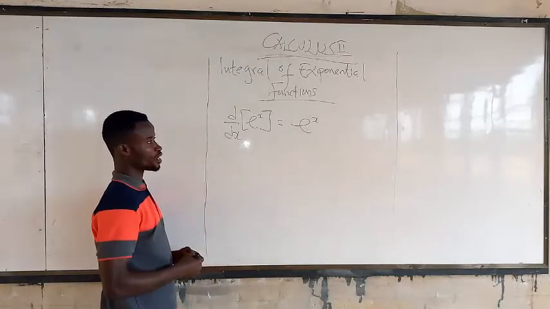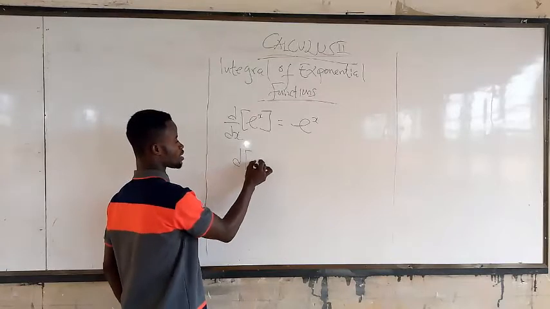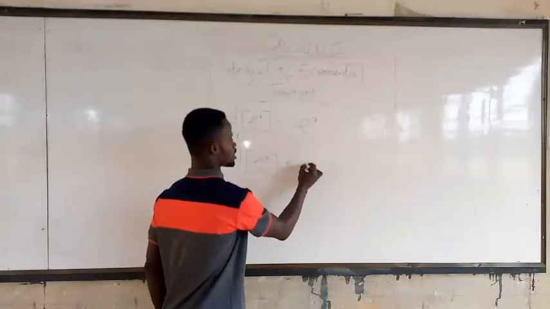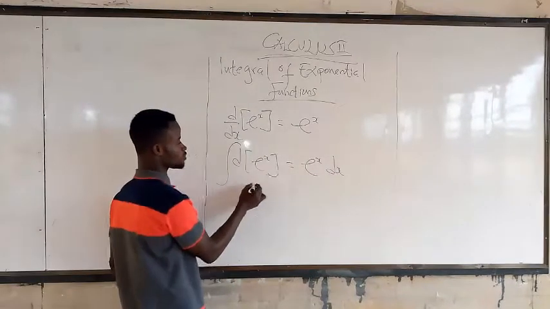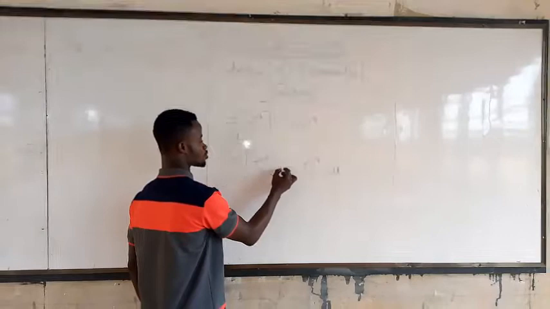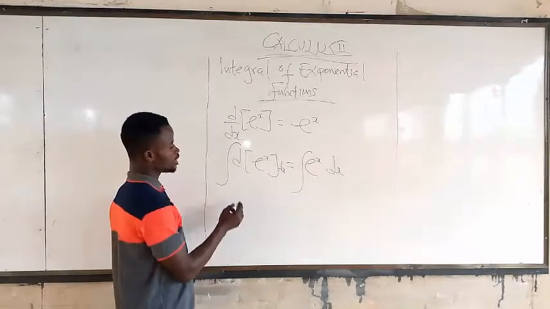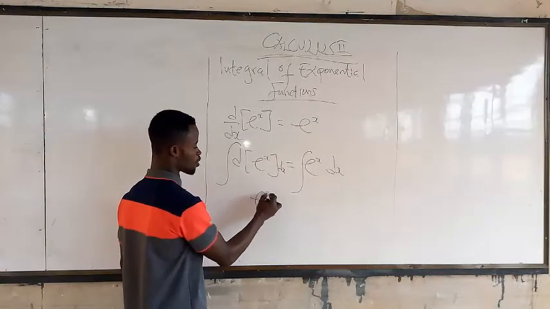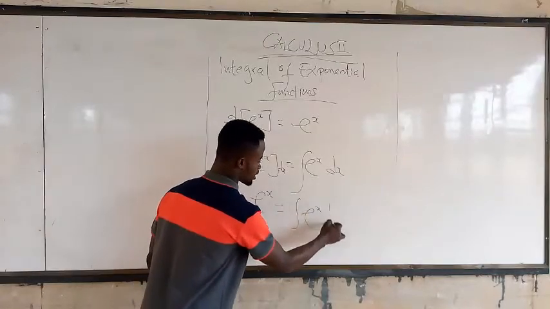In the same way, we can also multiply both sides by ds so that we get e to the power s ds. And when you integrate both sides, it's going to undo the derivative. Then we get e to the power s is equal to the integral of e to the power s ds.